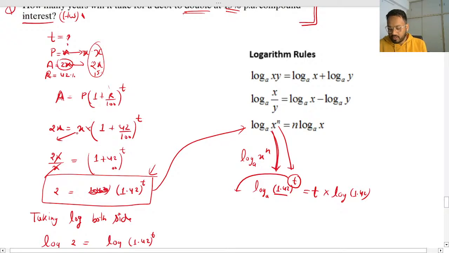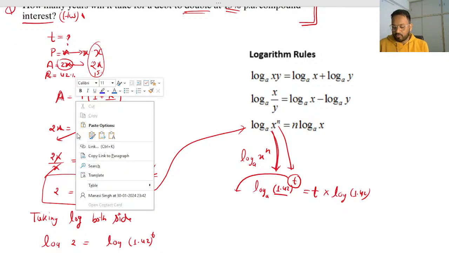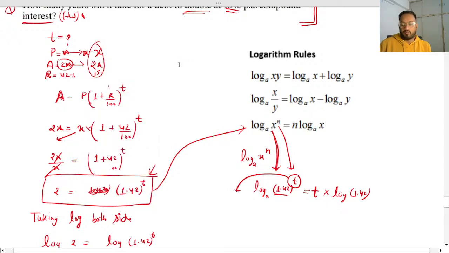Very good Kulvardhan, yes, it is correct, 4.95. I'll solve it again. I'm having some water, till then you can solve.